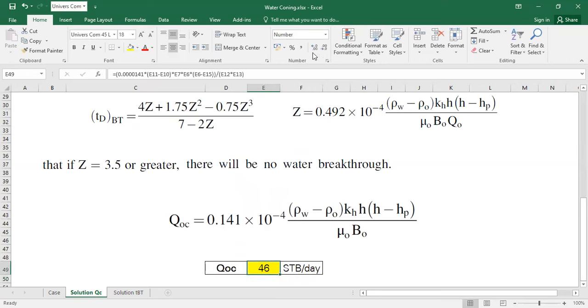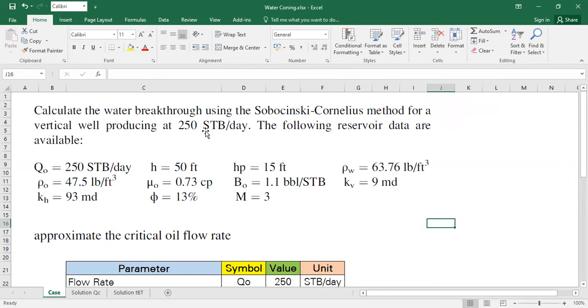Okay, so the critical oil flow rate is 46.5. Okay, depending on your company, this value can be considered low or high. But of course, this is far lower than the operating flow rate as the base case, which is 250 to 150 stock tank barrels per day. Of course, we will have water coning at this flow rate, and eventually we will have water breakthrough.